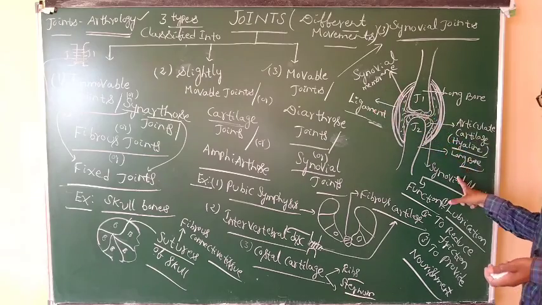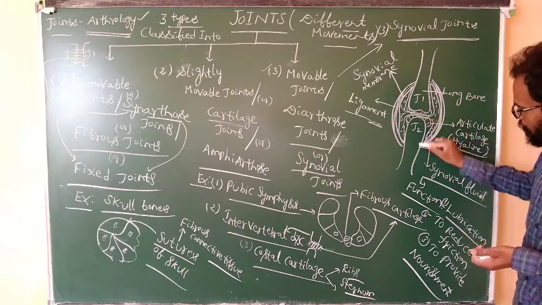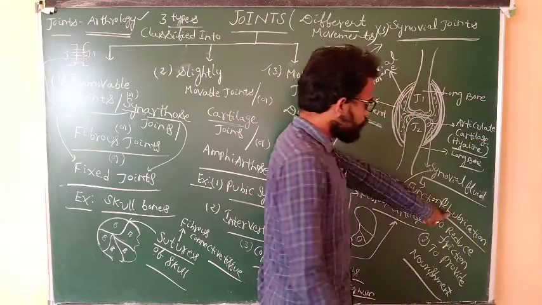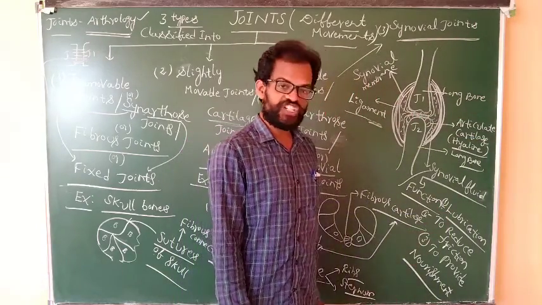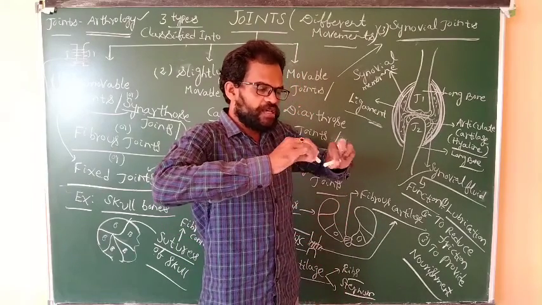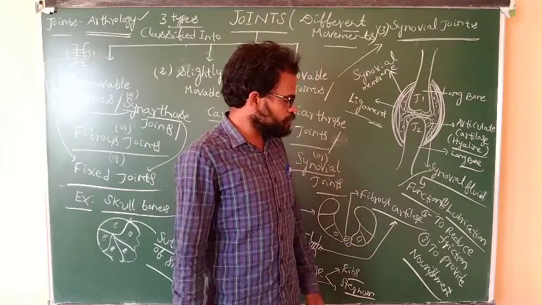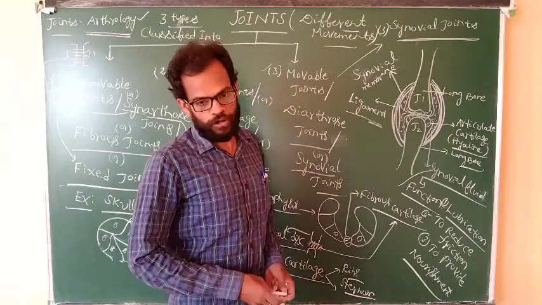This synovial membrane produces synovial fluid. What is the function of this synovial fluid? Lubrication, to reduce the friction and make movement easy, and also to provide nourishment to the bones.